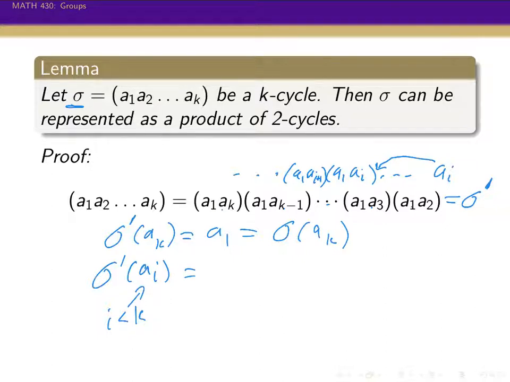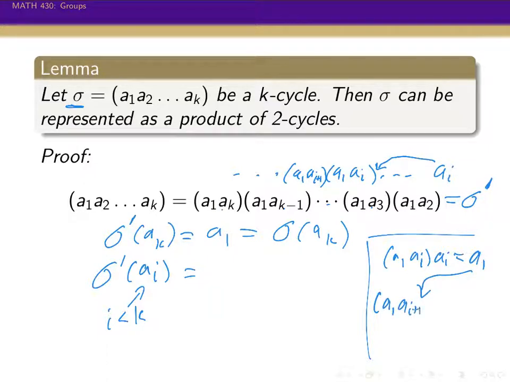Let's do a little side calculation here. A1 AI applied to AI is going to give us A1. But then A1 is going to go into A1 AI plus 1.